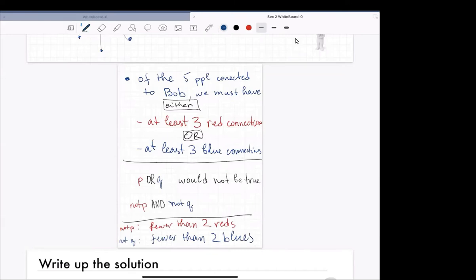People agree? Yes. This is a proof by contradiction, right? Yes. We haven't done any proof yet, we've just simply negated. But your point is well taken. Then there's nothing left for the last connection. Exactly, because there are only red and blue connections. Yes, exactly, the point I'm trying to make.